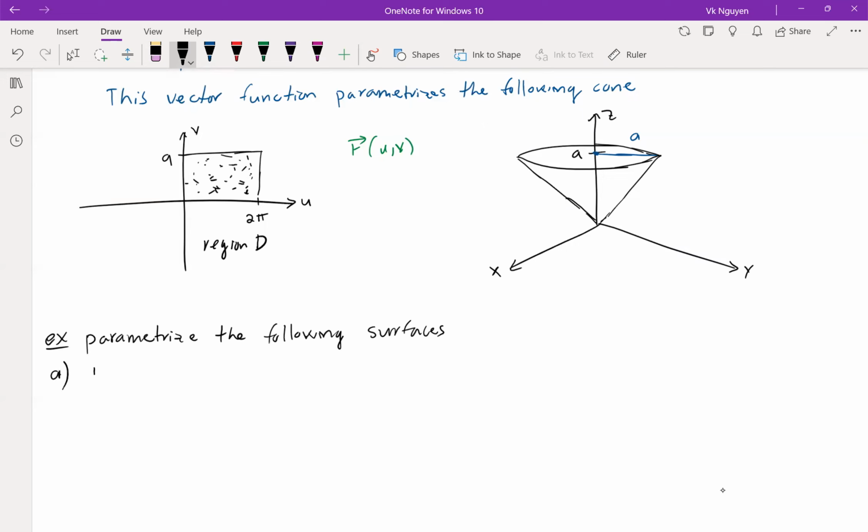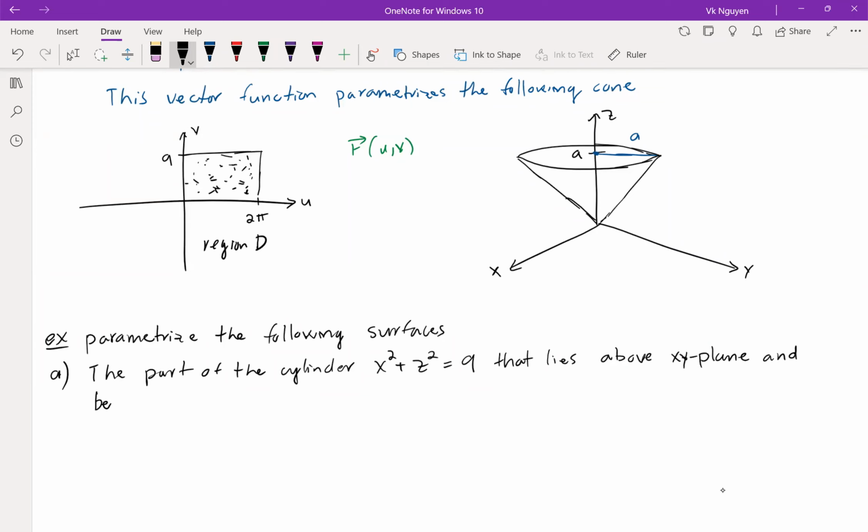A, the part of the cylinder x squared plus z squared equals 9 that lies above the xy plane and between the planes y equals -4 and y equals 4.